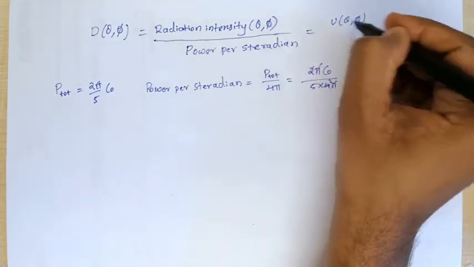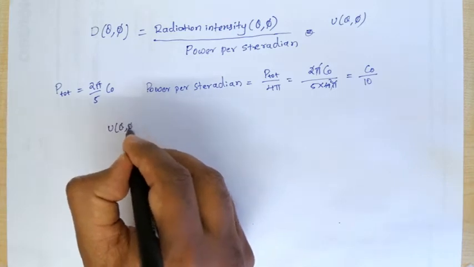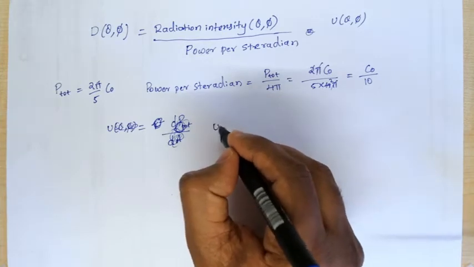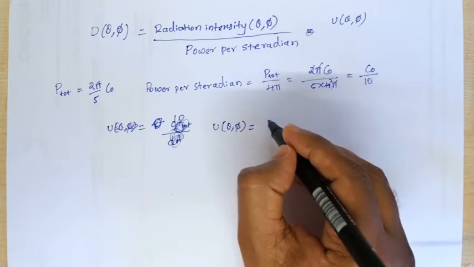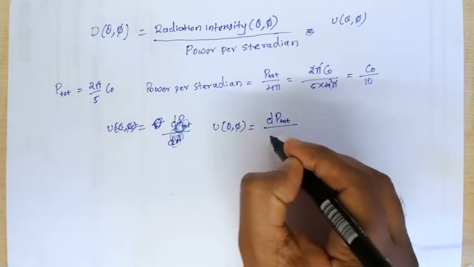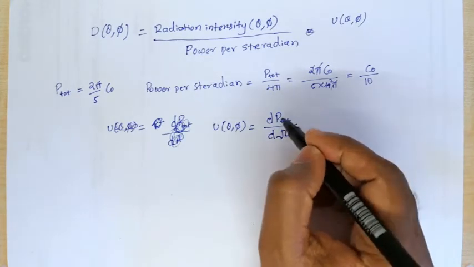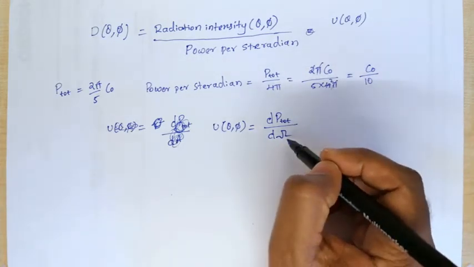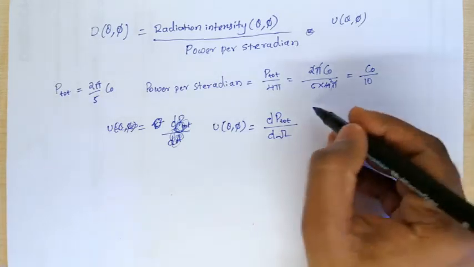U of theta phi can be written as the total power per solid angle, the incremental total power divided by the solid angle for that antenna.